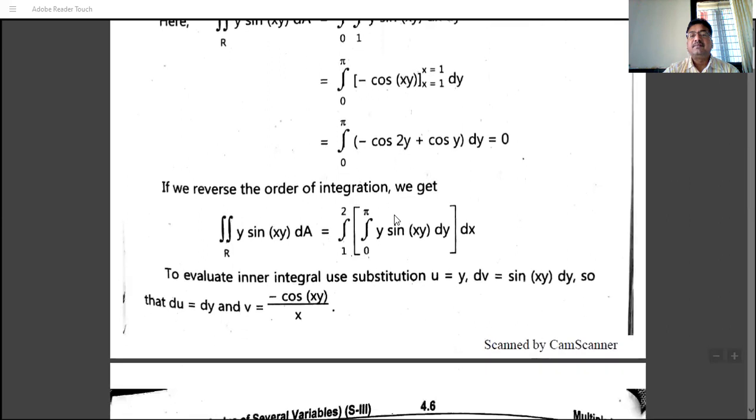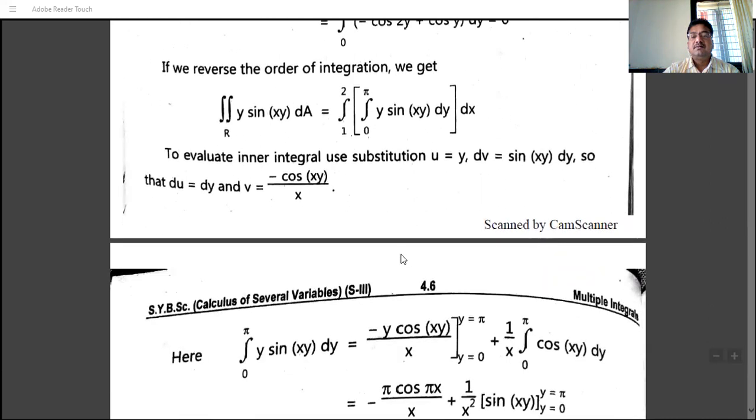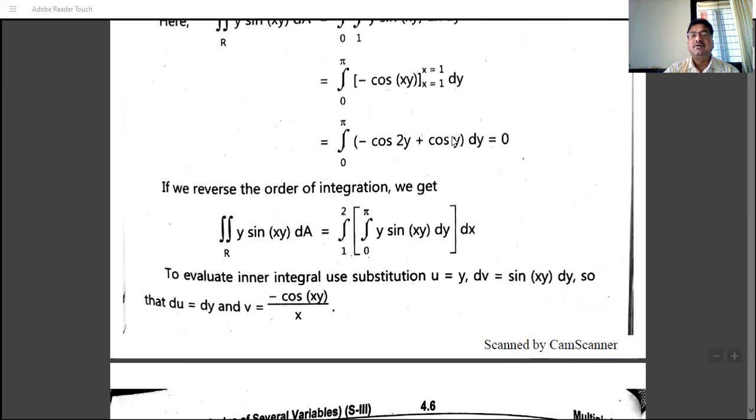Then y into this. So the integration of this is what? Here is y cos 2y, y into this bracket.